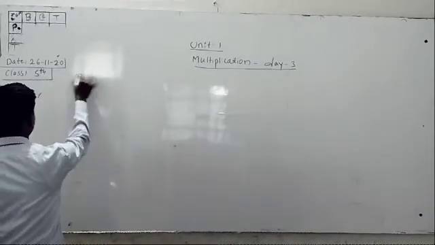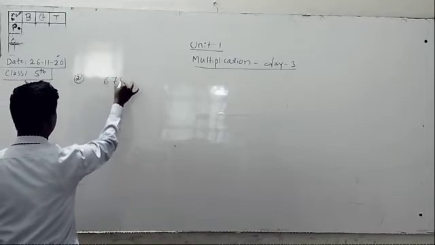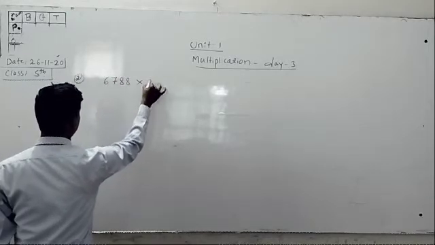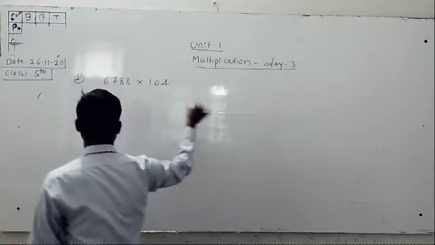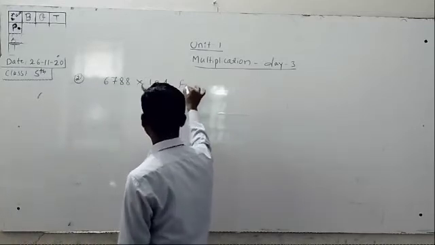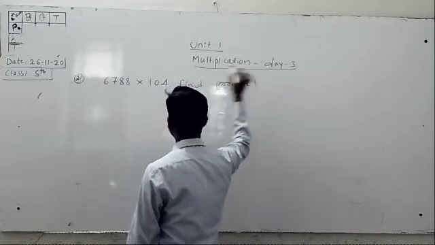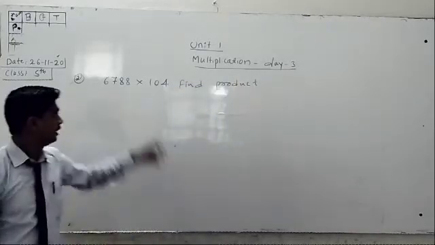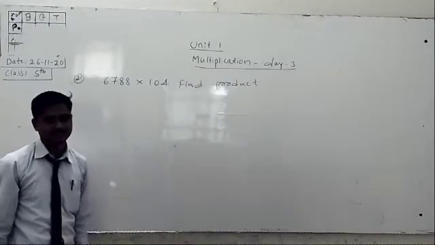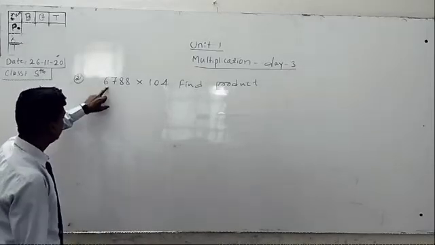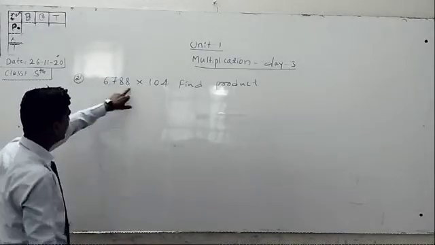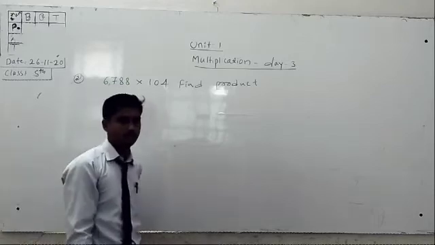Second question: 6788 multiplication 104. Find the product. It is a 2 marks question. Understand? 6788 multiplication 104.